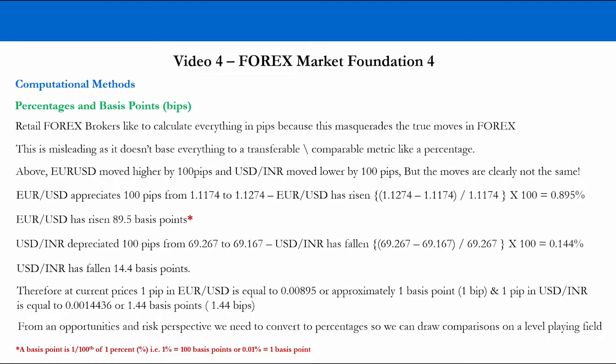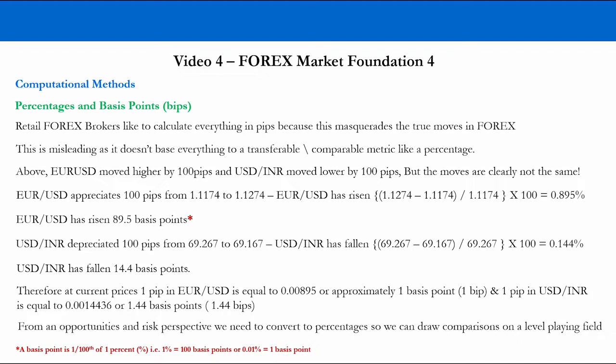And this is expressed in terms of basis points. A basis point, we have the definition at the bottom of the screen here for you: a basis point is equivalent to 1/100th of 1%. So basically 1% equals 100 basis points, or 0.01% is 1 basis point.